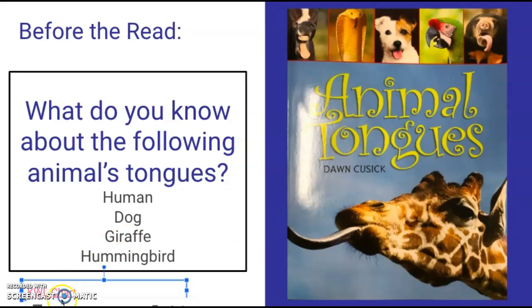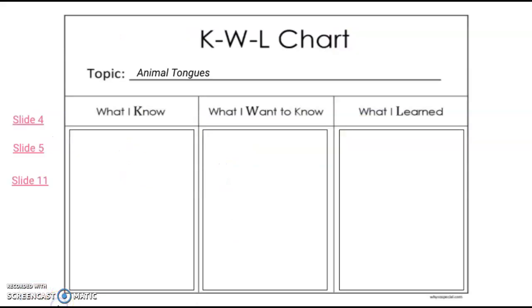Now we're going to go to the KWL chart, and we're going to go ahead and fill in what we know. So I know that humans have pink tongues. I can say humans taste with their tongue.